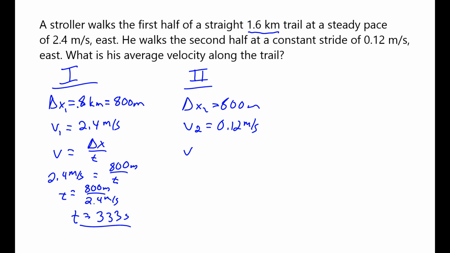So we do the same thing, v equals delta x over t, and we get t equals 800 divided by 0.12, to equal 6,667.